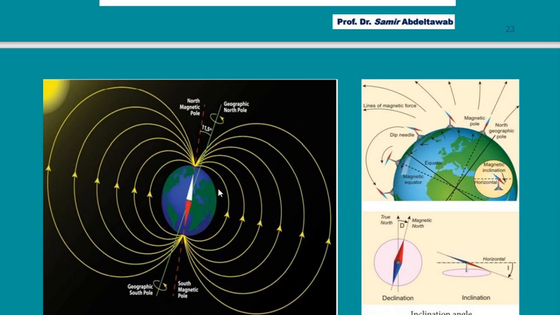So these two pieces of information, declination and inclination, and true north and geographic north, are very important in defining where the locations are on the Earth. Of course, now everything is computerized and electronic. You just open an equipment, and it tells you everything, but these were the basis that helped people to design these equipments.